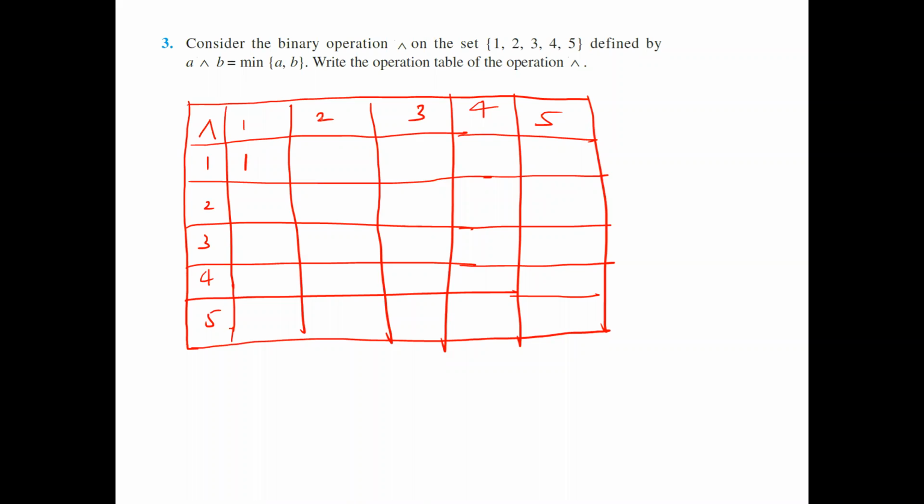Next 1 and 2, what is the minimum value? 1. 1 and 3, the minimum value is 1 only. 1 and 4, what is the minimum? 1. 1 and 5, the minimum is 1.